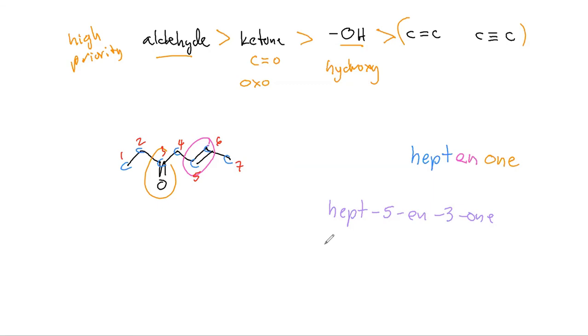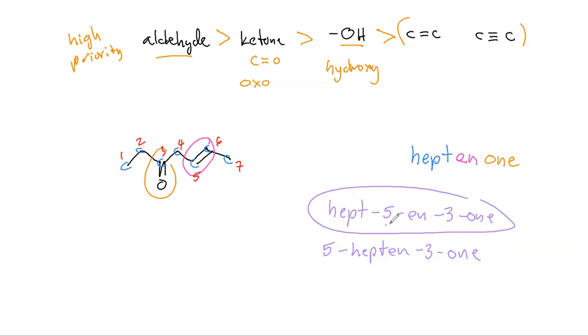If we use the older set, we could also say 5-heptene-3-one. Although I think this one's a little easier because it spells out which number goes with each functional group a little more clearly. Now, since we do have stereochemistry on our alkene, we'd want to say trans as a prefix.